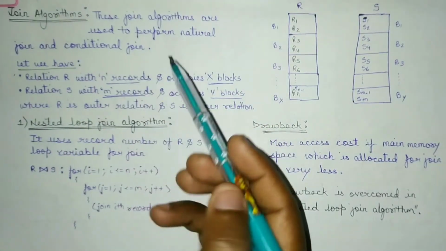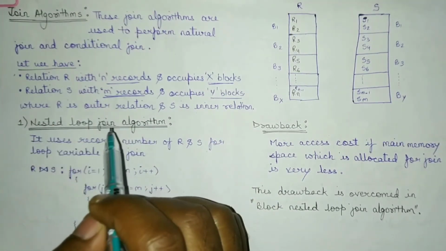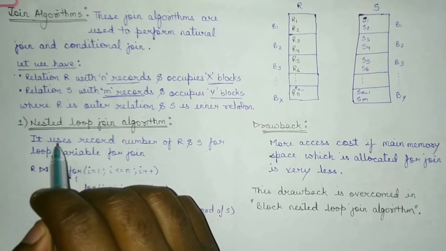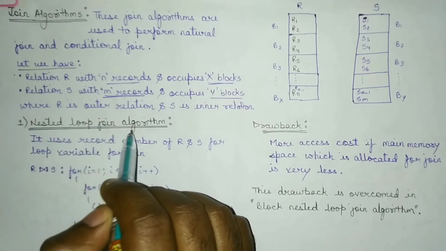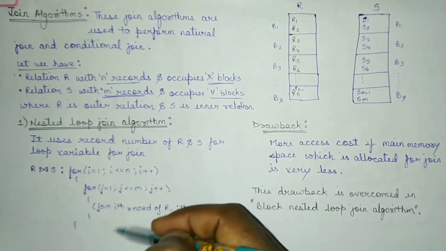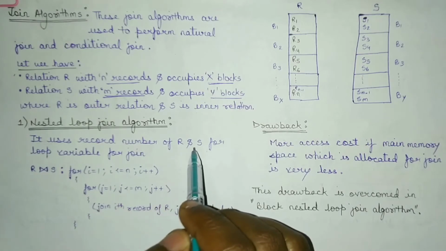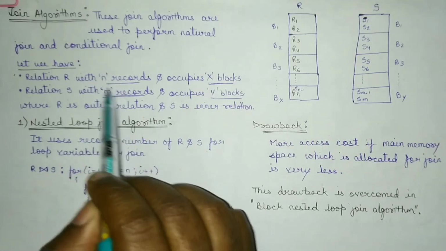Now let's try to understand the first variety, which is the nested loop join algorithm. As the name suggests, in the nested loop join algorithm we will be having a loop within a loop. If you see this pseudo code, it uses the record numbers of R and S, that is n and m.